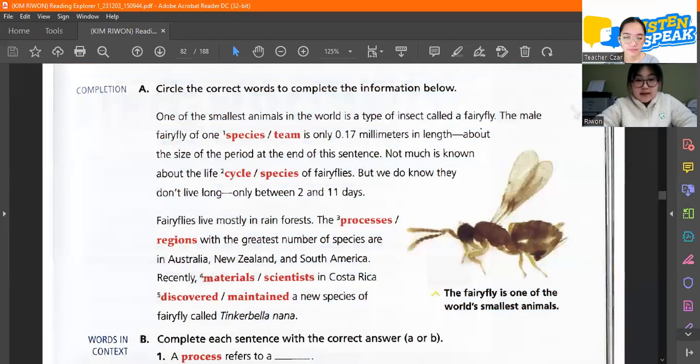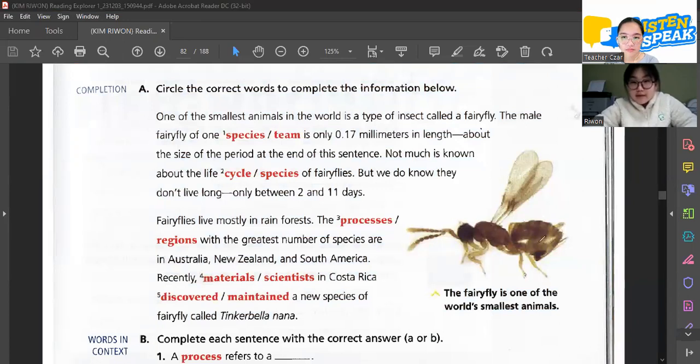One of the smallest animals in the world is a type of insect called a fairy fly.